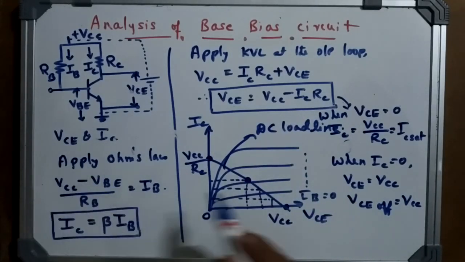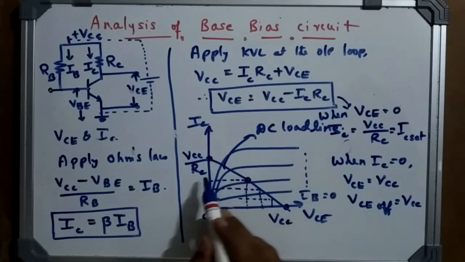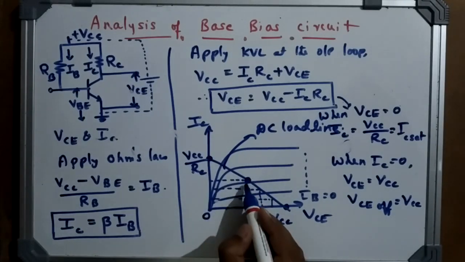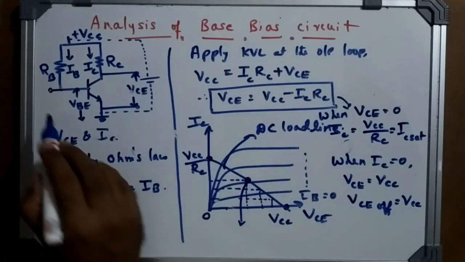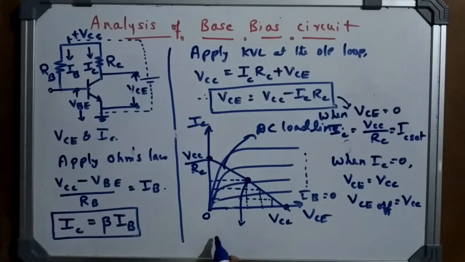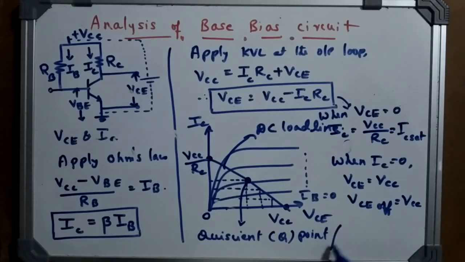So for a particular circuit, the value of VCE and IC is constant. And this value of VCE and IC, when you don't apply any input signal, is called the Q point or quiescent point. Quiescent or Q point, or it is also called the operating point.